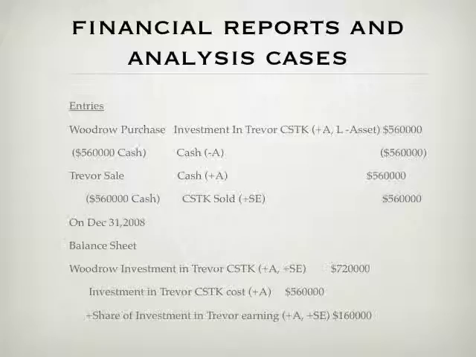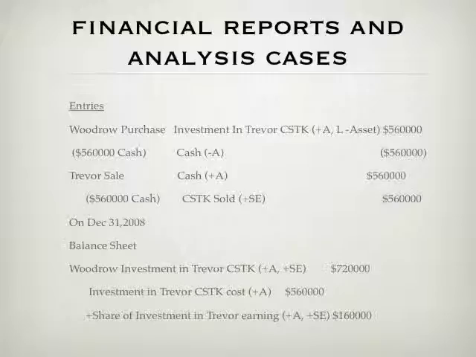As you can see, I have listed the formula and how I calculated these numbers. For the first one, we know Woodrow purchased $560,000 of stock in cash. So we have cash minus 560,000 because they paid it.